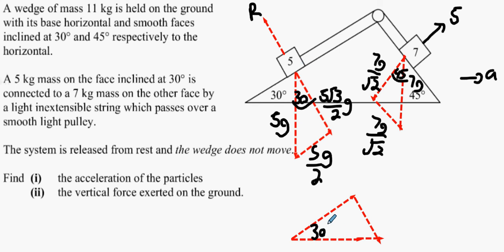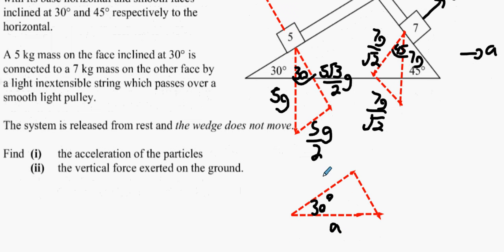At 30 degrees, that's A, and then this will be A cos 30, which is root 3 over 2 A, and downwards would be a half A. And we usually say that it's technically sinking into the ground, don't we?